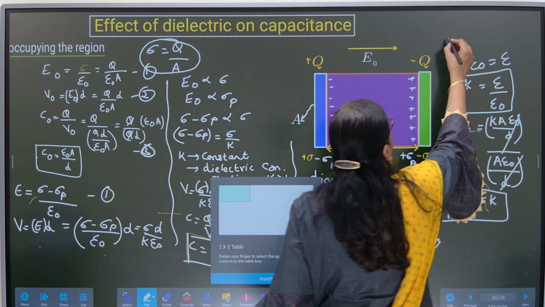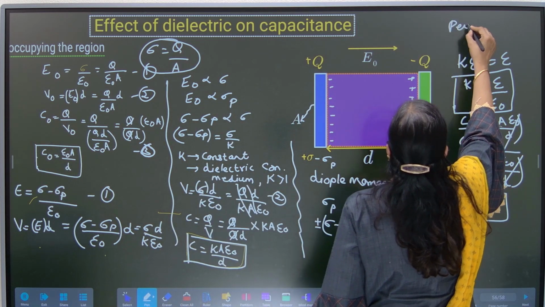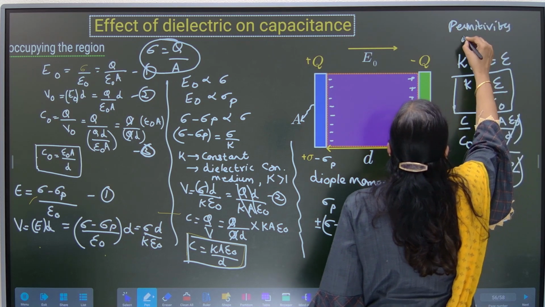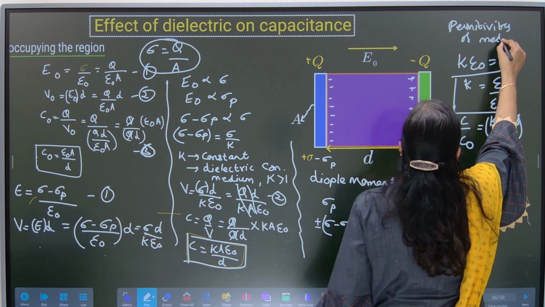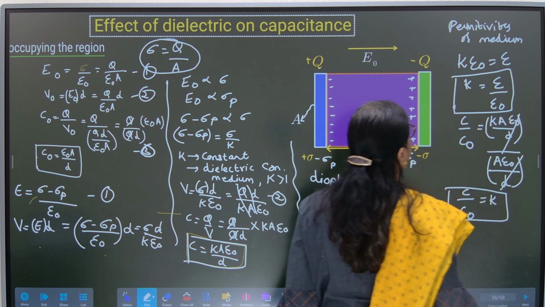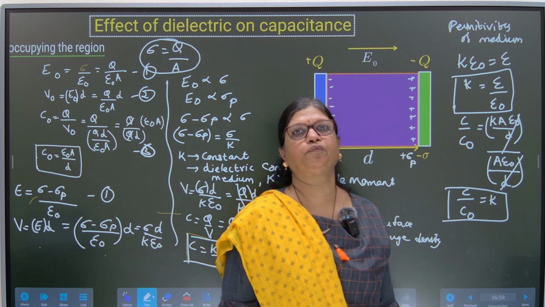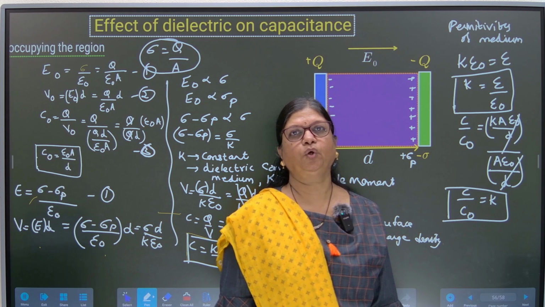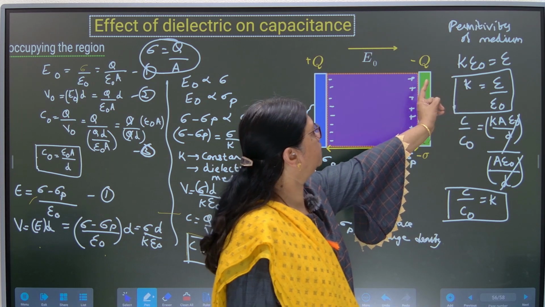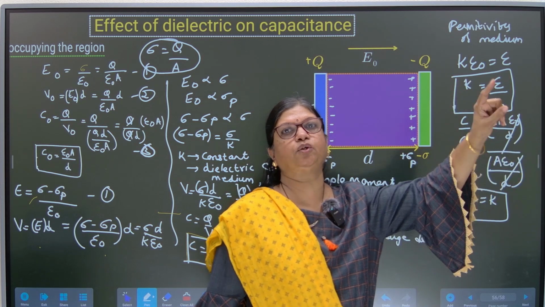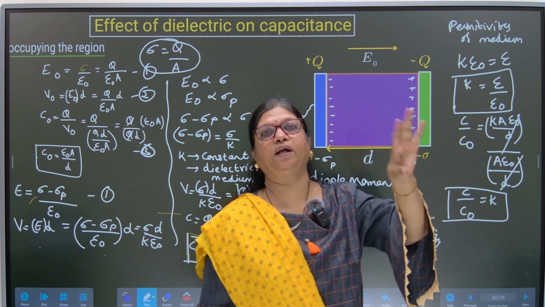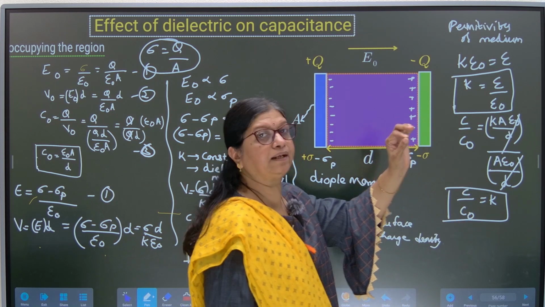It is the permittivity of the medium. And epsilon naught is not the permittivity of air. Okay. So K epsilon naught is equal to permittivity of the medium. So bringing epsilon naught down, I have K is equal to epsilon upon epsilon naught, where K is the dielectric constant greater than 1. Positive number it is, depending on the dielectric material.